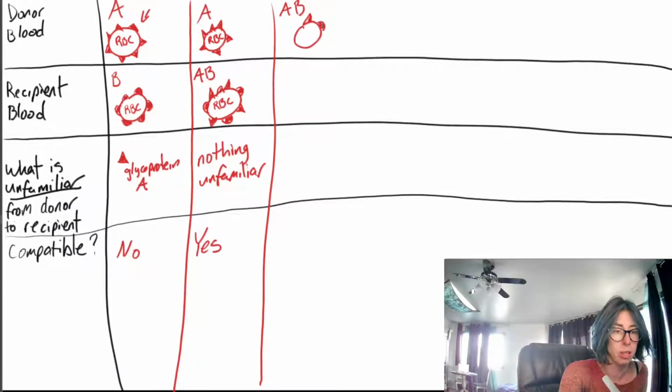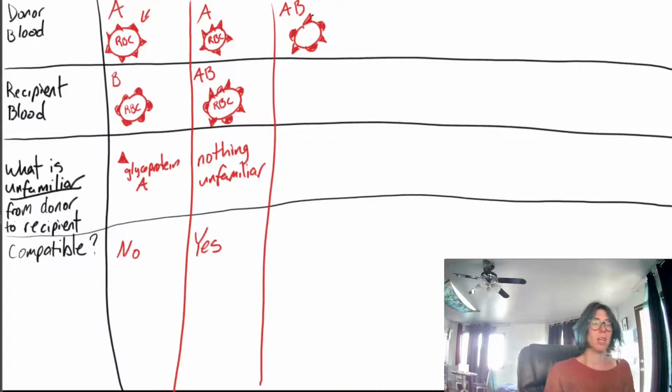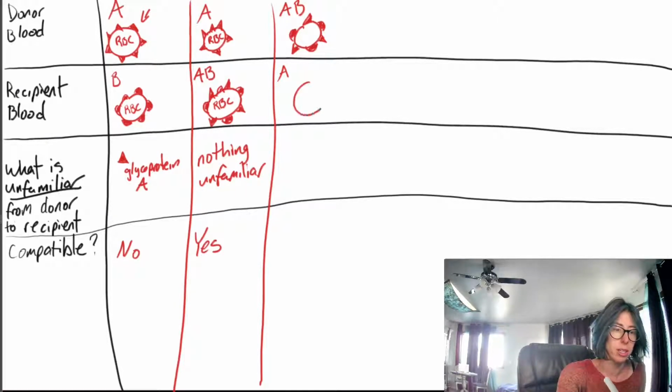They have both glycoprotein A and glycoprotein B, which I've been drawing in these ways. Okay. And let's say the recipient is A. So we've just flipped it. In the last one, the donor was A and the recipient AB. Now we have the donor AB and the recipient A.